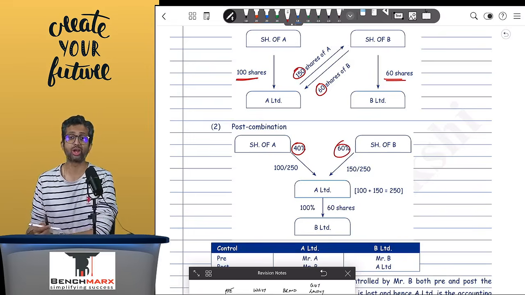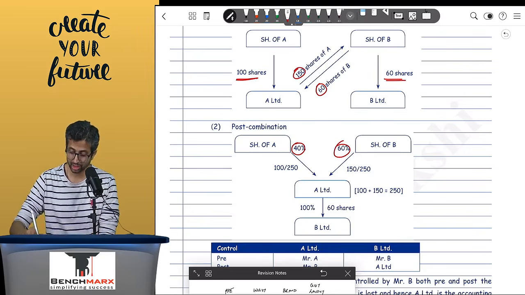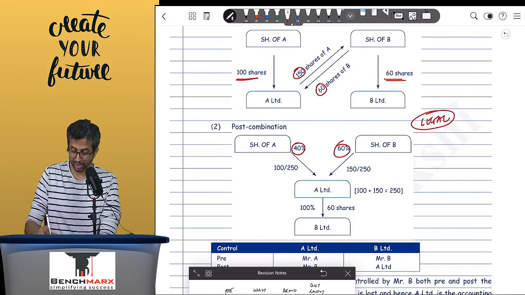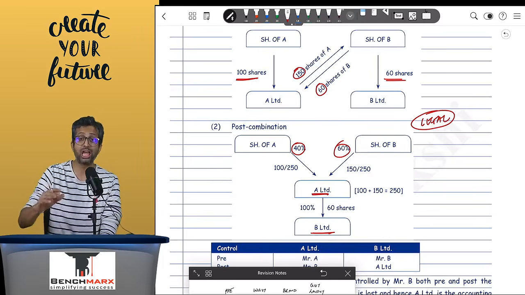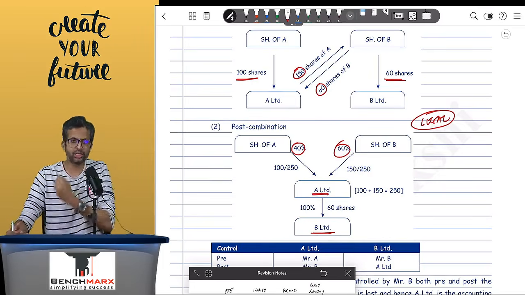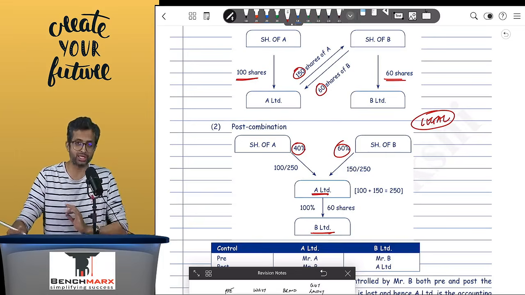So this is legal form. It is appearing that A is acquiring B. However, it is the other way around. It is B acquiring A, and in this case the acquirer is identified as B.